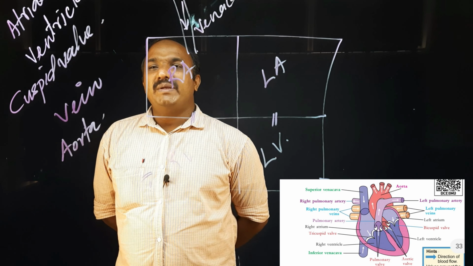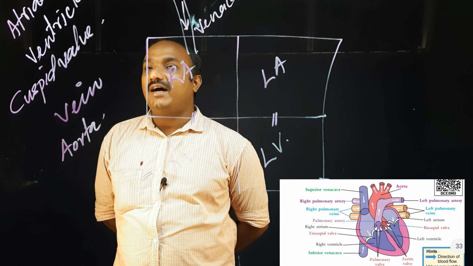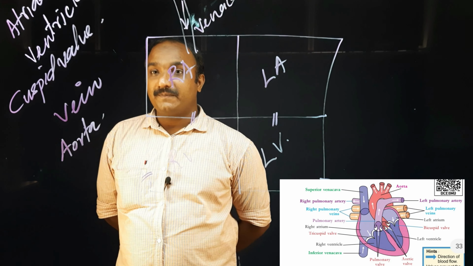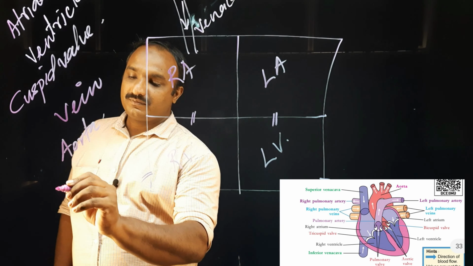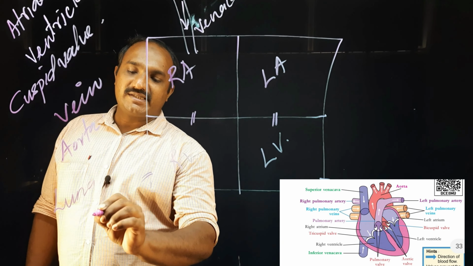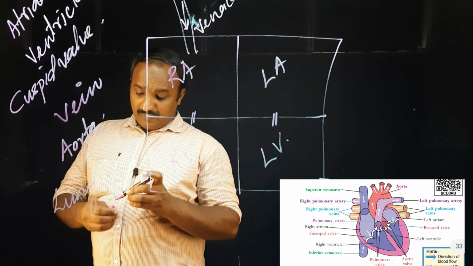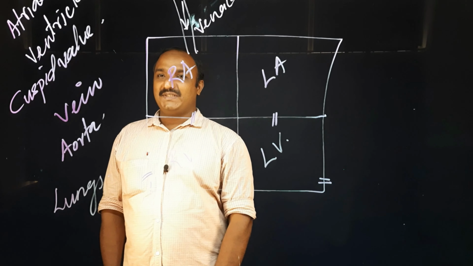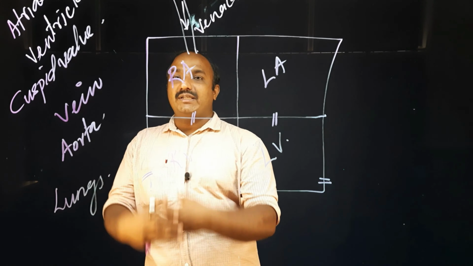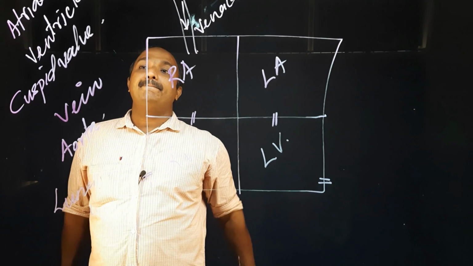So where will that be passed out of the heart to? It will be carried to the lungs. Impure blood is carried to the lungs for exchanging carbon dioxide with what? Oxygen. When the oxygen is mixed in the blood, that blood will become pure blood.